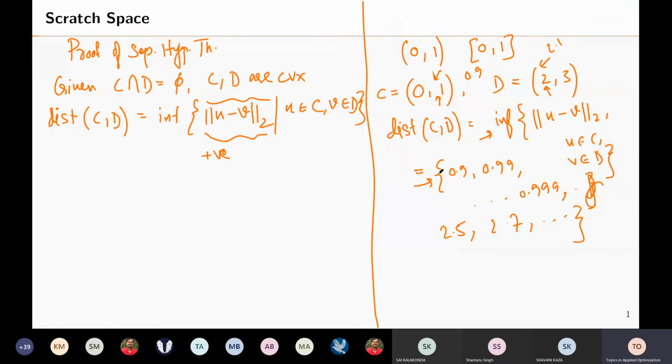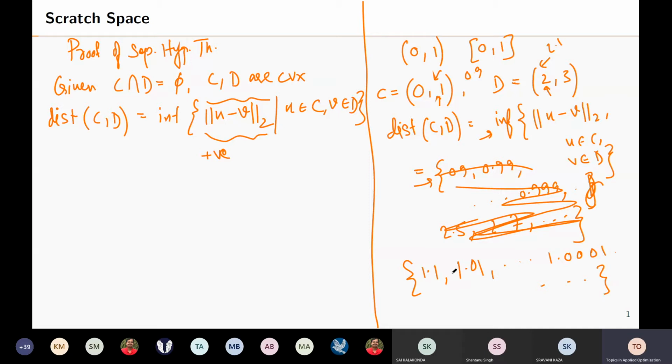Okay, I think I'm making a mistake here. The set of distances I'm computing looks like 1.01, or 1.0001, or something like this. The infimum of this set is the smallest of the lower bounds. The smallest of the lower bounds is this 1. So that's how we got the infimum of this.